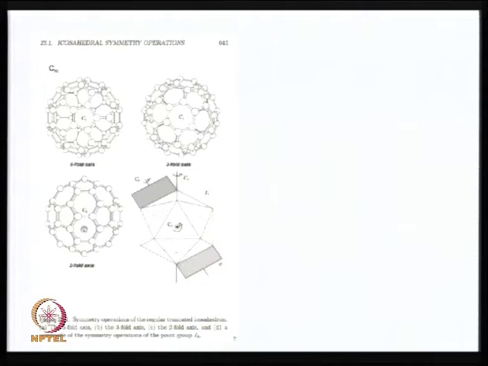Finally, there is a C2 axis shown. This requires a little careful looking at the whole figure. This is passing through the center of this bond. So if you look at a hexagon, hexagon, pentagon, pentagon pattern, then this particular bond is between the vertices of 2 pentagons, but is a shared side of 2 hexagons.